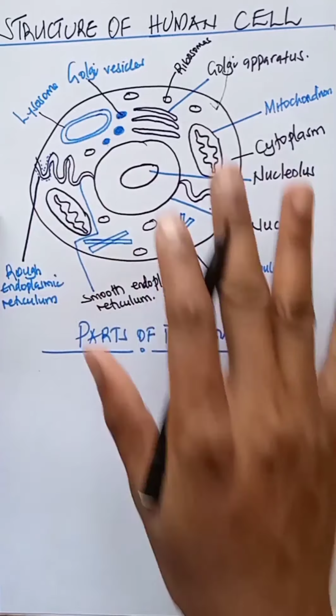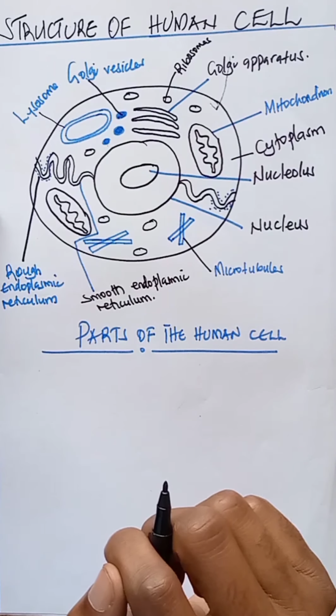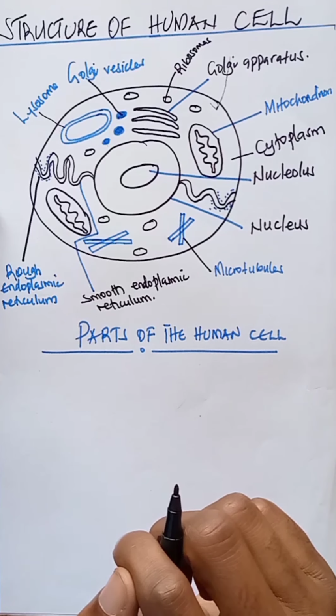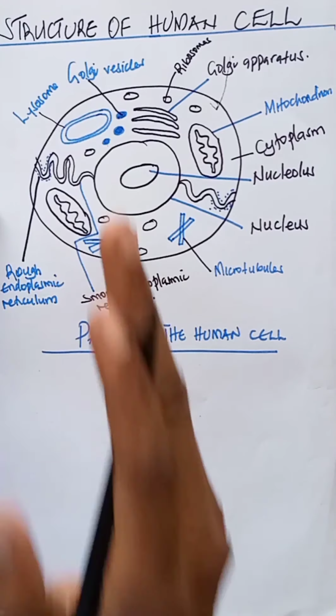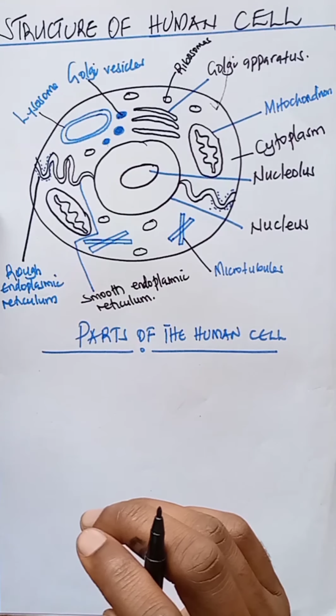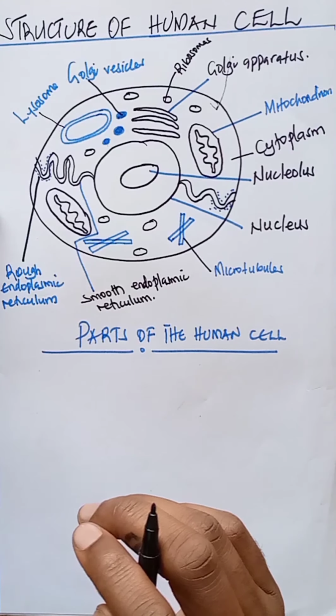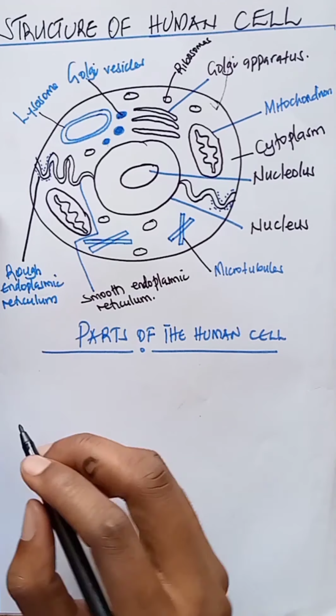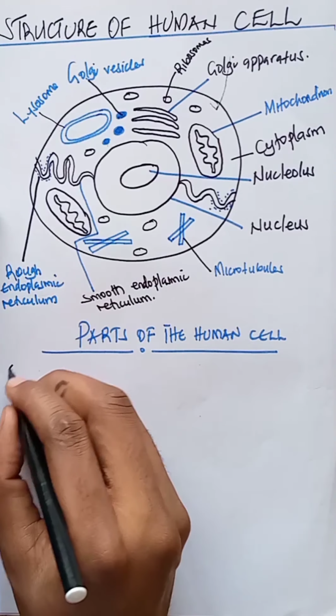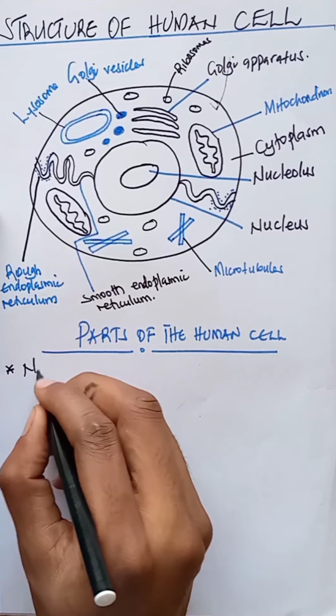So those are the parts of the human cell. Each part of the human cell has its own function. To begin with, you're going to start with the nucleus.